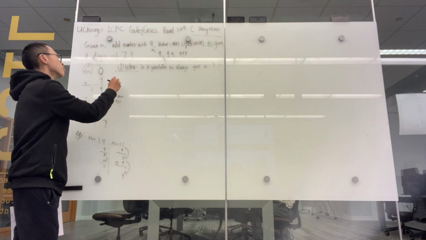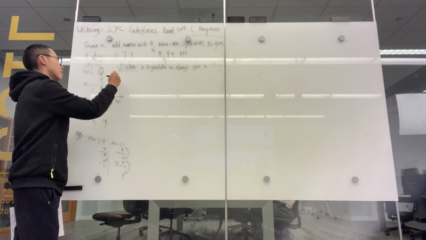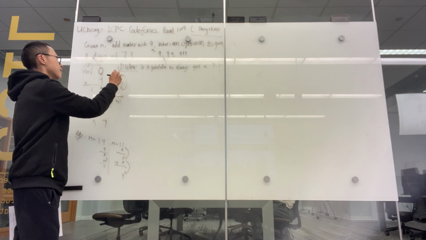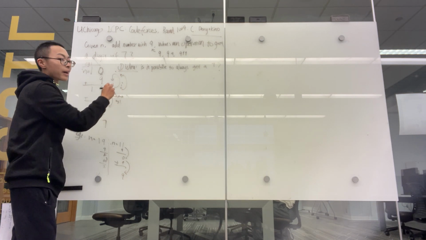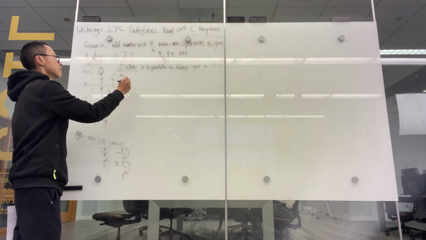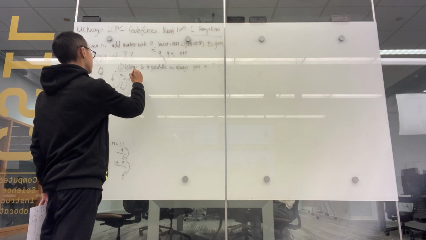So this loop goes 2, 1, 0, and then back to 9. One of those values will always be 7. Therefore, it is true.